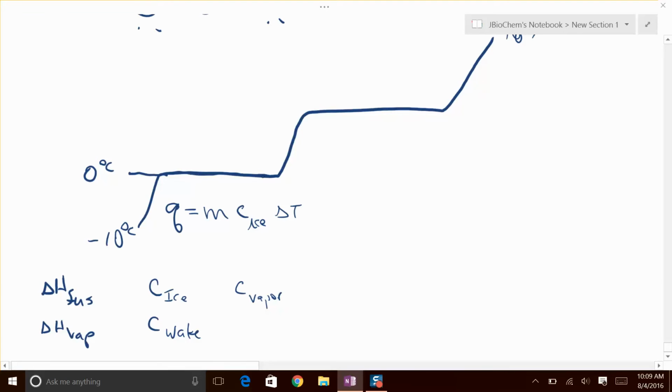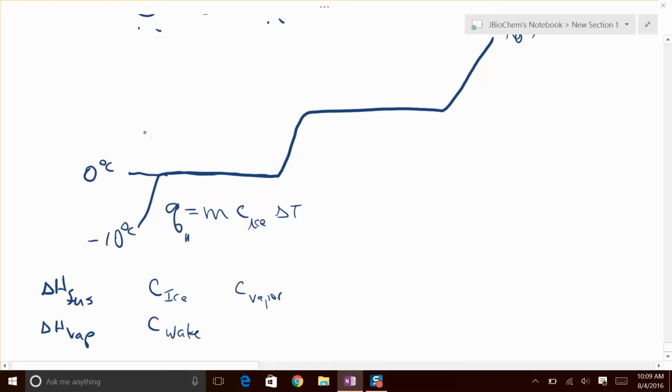Once they're all changed to liquid, that's when the temperature will increase again. That's why there's a plateau. There's a plateau because it's converting all of the ice into water, and once they're all converted, they move up. Okay? So here, this is Q1.